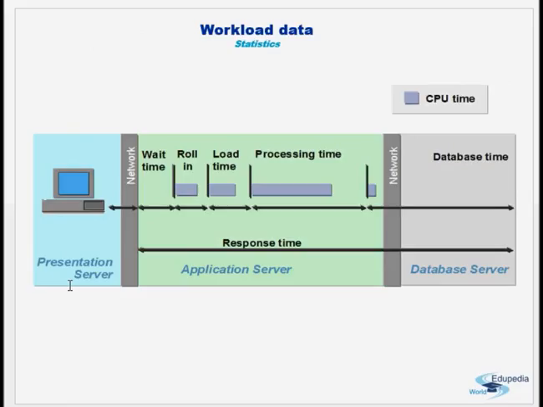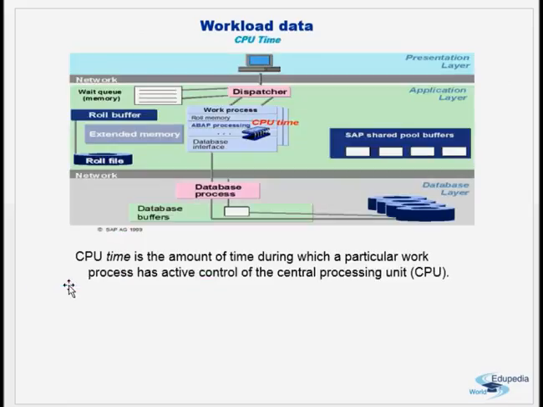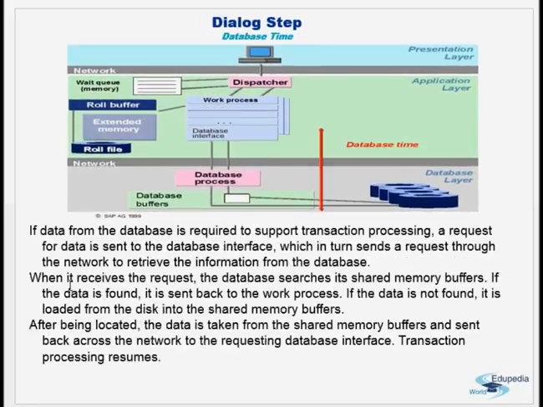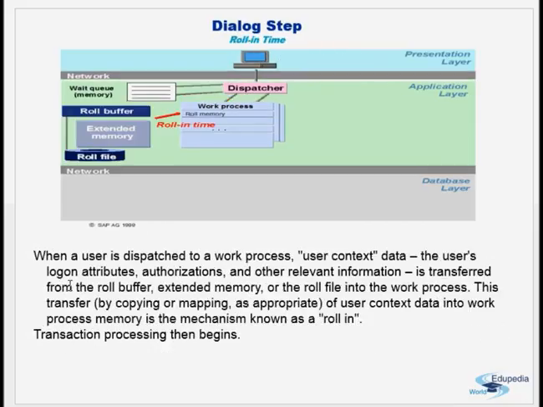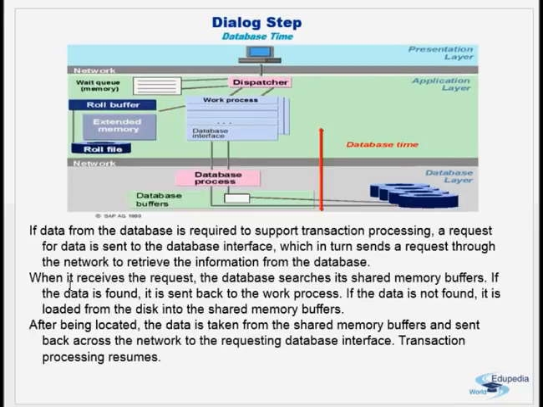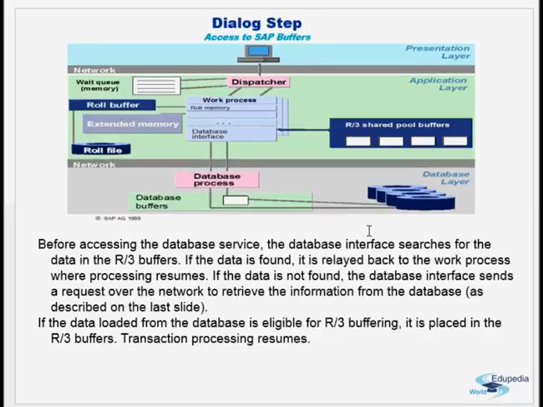These are the graphical representations so that we can understand better. Starting from the wait time, the roll-in time, then the database time. Accessing the SAP buffers: if the value is there in the buffer, then the performance will be good, or else a call has to be made to the database.